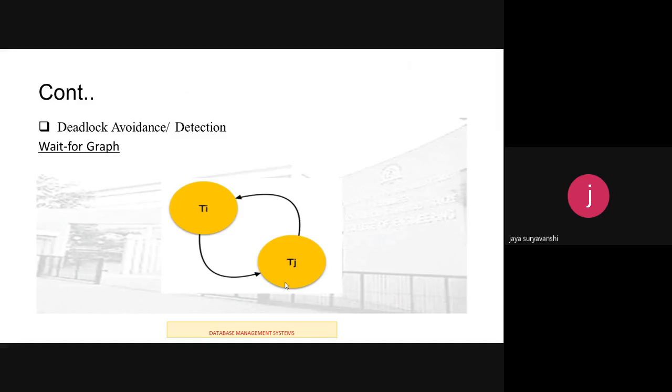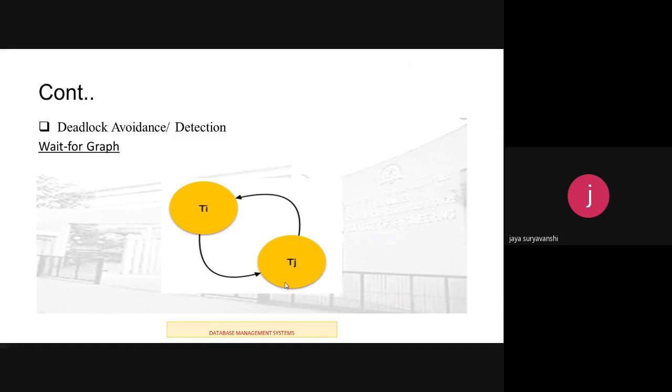So a deadlock avoidance mechanism is used to detect deadlock situations in advance. So an algorithm that examines the state of the system is invoked periodically to check for the occurrence of a deadlock. In deadlock detection, the wait-for graph method is used. So for this deadlock detection, the wait-for graph method is there.